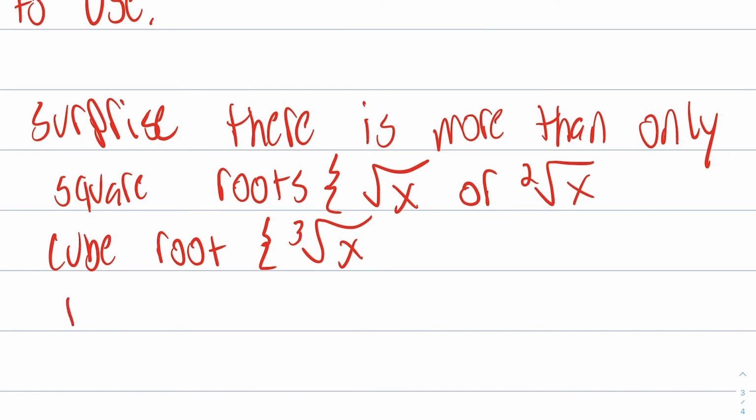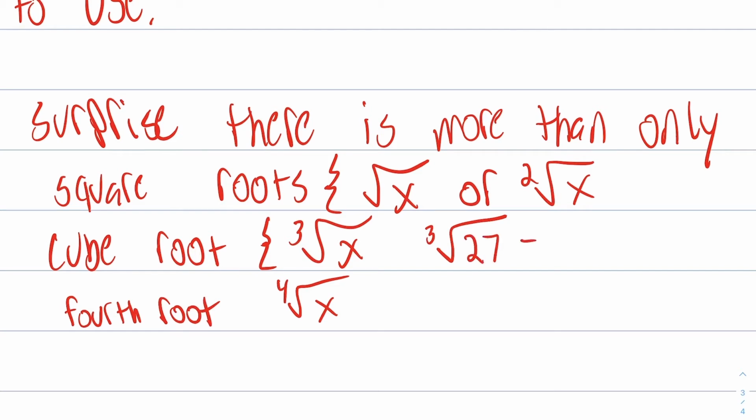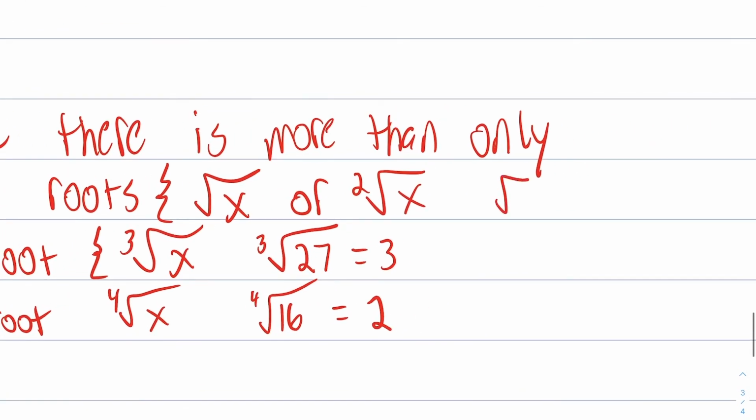Or you could have a fourth root, and that would look like the number 4 on the outside. You could do the cube root of a regular number, like 27. The cube root of 27 is the number 3. You could do the fourth root of a number, like the number 16. The fourth root of 16 would be 2. You could do the square root of a number, and the square root of 4 is 2.